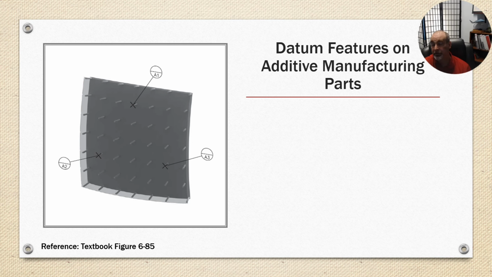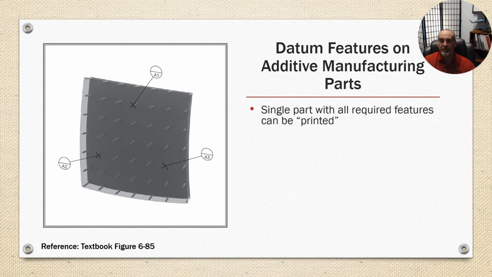That way, if you're doing post-op machining on that additive manufacturing part, casting, whatever, you've got your locations documented. In this case, they have datum targets A1, A2, and A3, which create a simulated datum, and you would have to have measurements to where those contact points are on this curved surface.